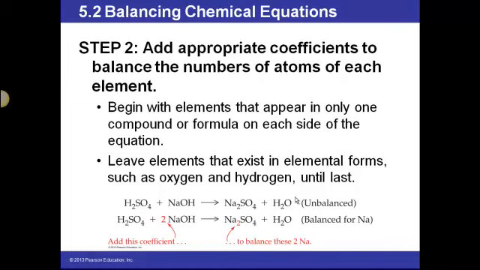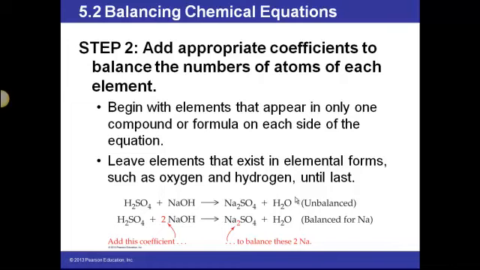So in this case, we've got 2 hydrogens here, and we also have a hydrogen over here, right? If we actually place 2 here, so we've got 2 here, and we've got 2 here, we've got a total of 4 hydrogens on this side. If we look over here, this is still not balanced for the hydrogen because we've got 4 on this side, but we only have 2 on this side.